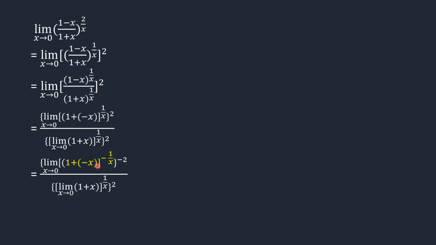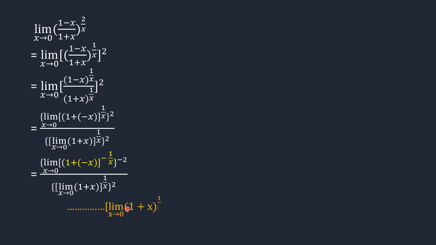In the next step, we will write the limits in the curly bracket and limits in the curly bracket from numerator and denominator according to the formula that we have.